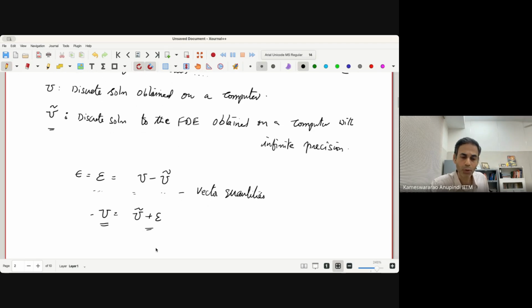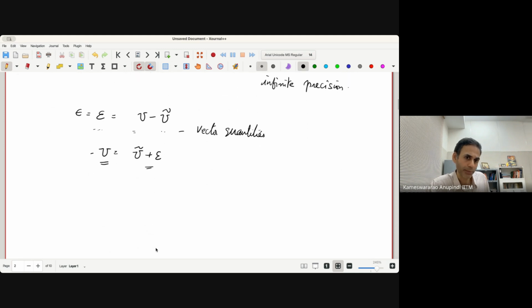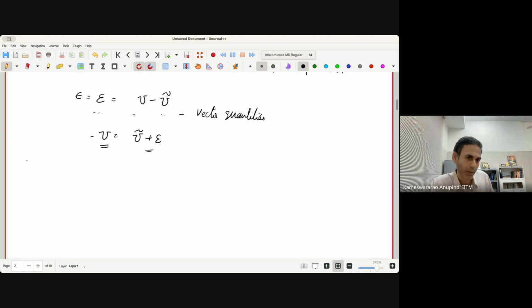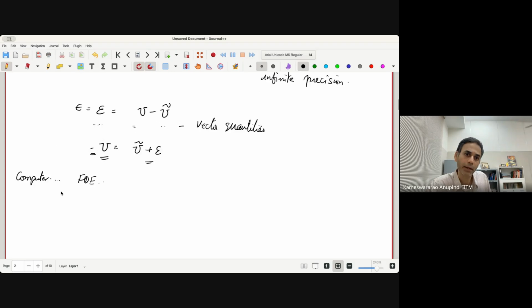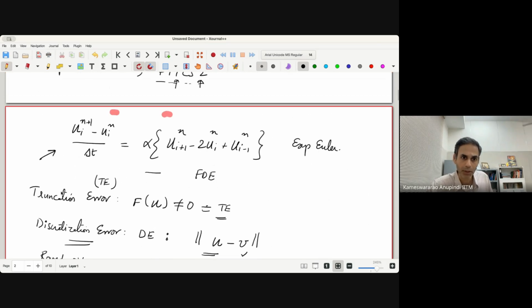Now let us go back and try to solve the equation, whatever we have, on a regular computer. If we solve this discrete finite difference equation, then we know that this u will satisfy that equation. That means I can write the equation for capital U, because when you solve it on a finite precision computer, U is going to satisfy this equation.